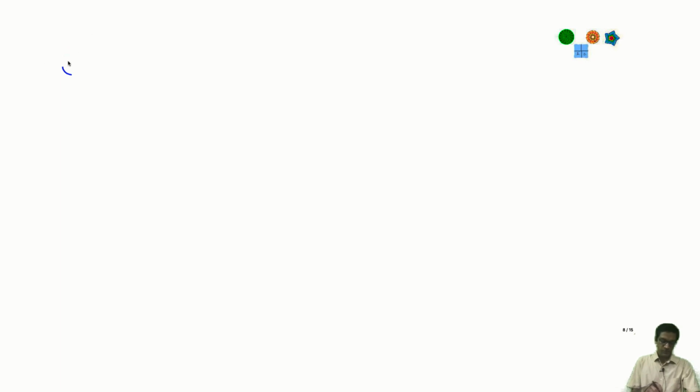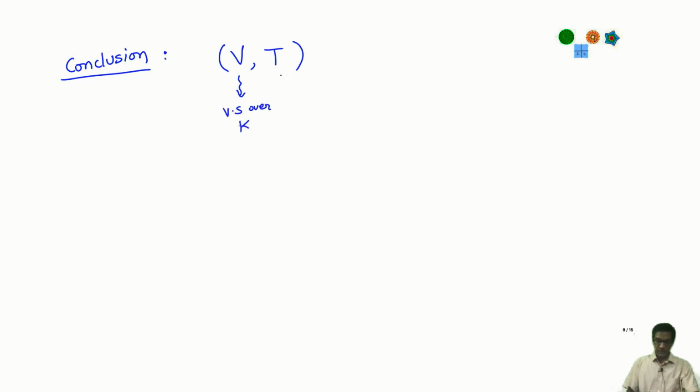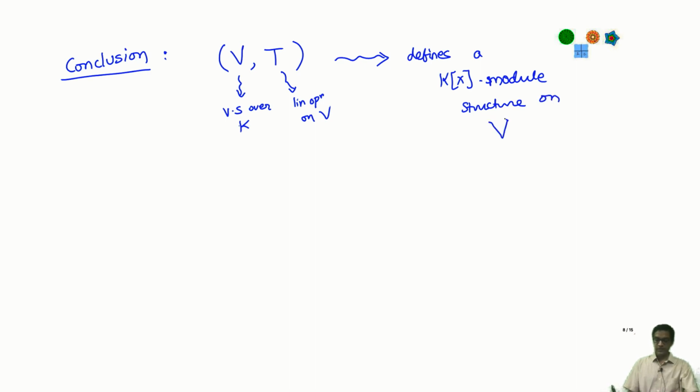So the conclusion is the following. If I give you a pair of a vector space over K together with a linear operator on that vector space, okay, V is a vector space over a field K and T is a linear operator on that vector space, then this pair allows me to define a K[x] module structure on my vector space V. Okay.